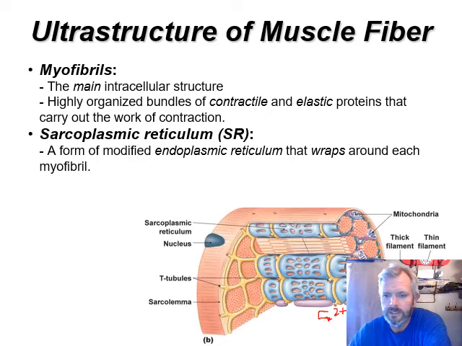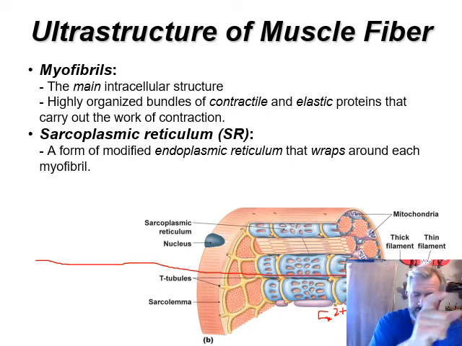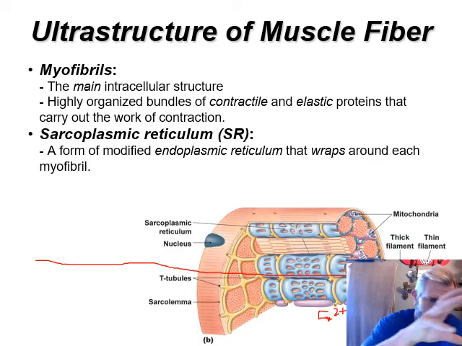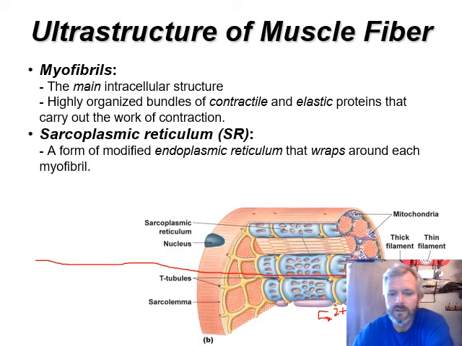So these myofibrils will run the length of the muscle. And you can see here, say, one sarcomere there. And basically there'll be a sequence of these sarcomeres running the length of the whole muscle, and they're going to be surrounded by this sarcoplasmic reticulum.